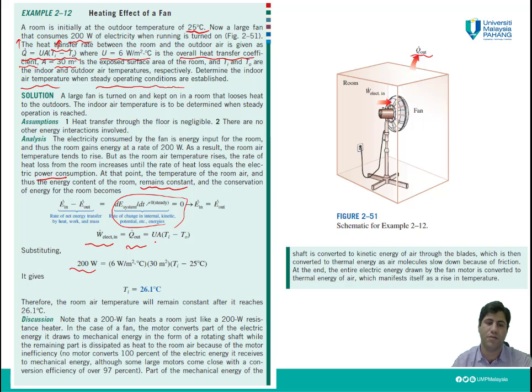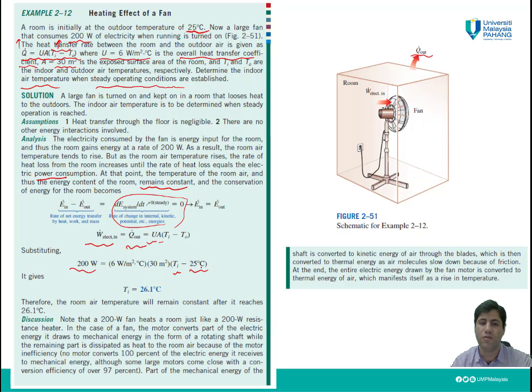We know how much is U, it was mentioned, how much is A, it was given by the question instruction. And also we know how much is To, or temperature of the outdoor. Okay, with this situation, we are going to see how much will be the Ti.